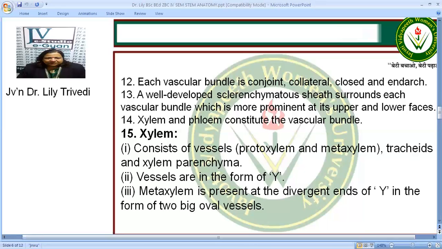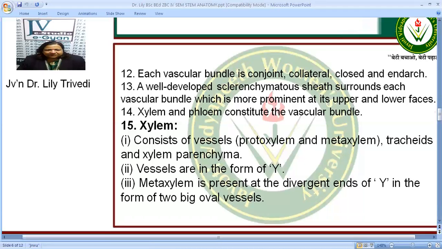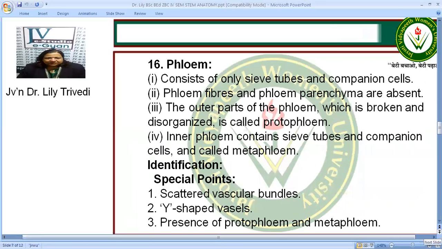The protoxylem is at the base of the Y shape, and the two big oval metaxylem vessels are at the arms of the Y. Phloem consists only of sieve tubes and companion cells; phloem fibers and phloem parenchyma are not present here. The outer protophloem is broken, and the inner metaphloem contains sieve tubes and companion cells. So what are the characteristic features of the monocot stem? The scattered vascular bundles, Y-shaped vessels, and the presence of protophloem and metaphloem.